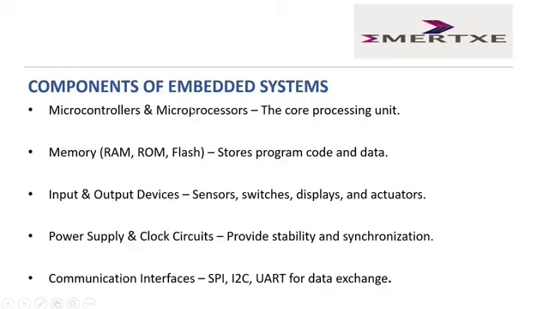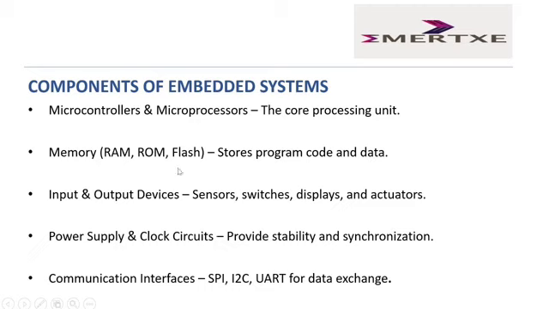And the components of embedded systems: we use components like the microcontroller, microprocessor, which is called the core processing unit. Coming to memory, we use RAM, ROM, and flash, which store program code and data.